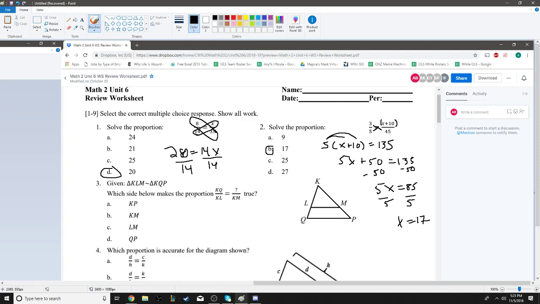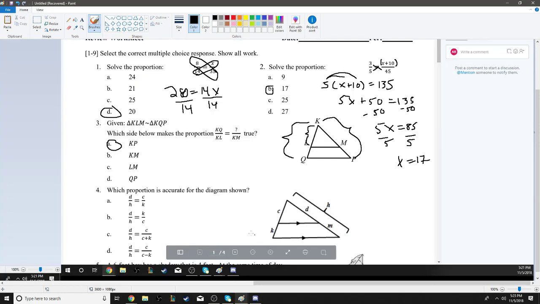Next, 3. It says KQ. So KQ is this whole thing, and KL is the shorter part of it. So it's whole side over top side. So this needs to equal whole side, which is KP. A. This one, which one is accurate?